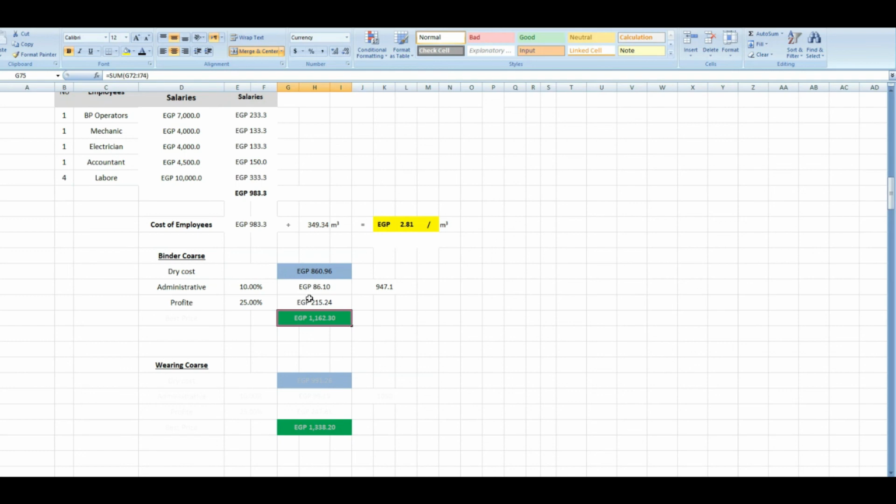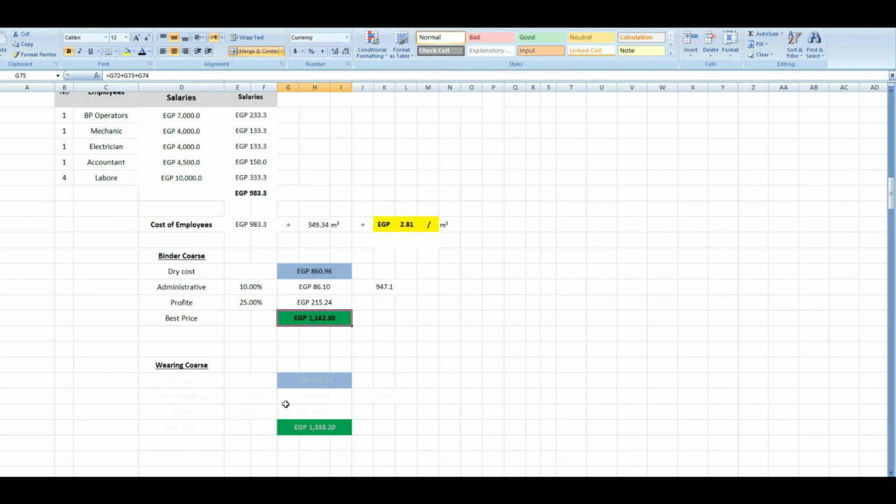This is the profit for each 1 cubic meter, especially if we are going to sell asphalt. So the total in this case equals dry cost plus administrative plus profit. This is our best price for the binder course itself.